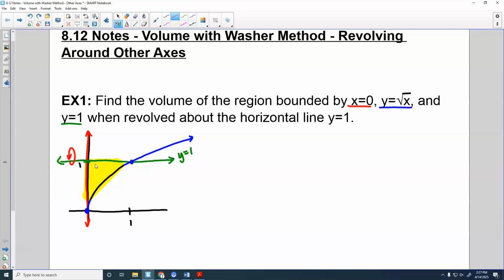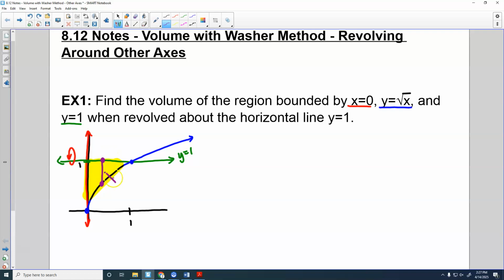Our area is touching the line that we're rotating around. This graph, when we spin it around, is not going to have a hole through the middle. So we don't really need a lowercase r of x, or if you do, it's got to be 0. When you're finding capital R of x, you want to think about going from the line that you're rotating around, which is this green line right here, to the outside of the area.